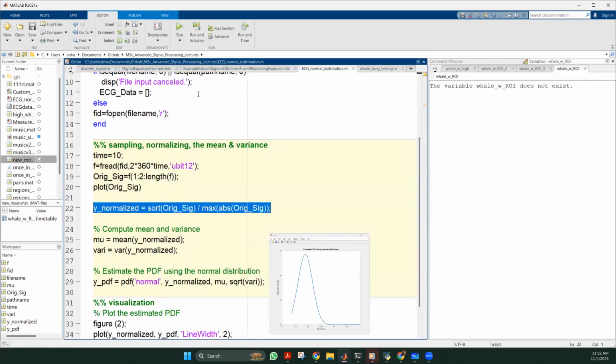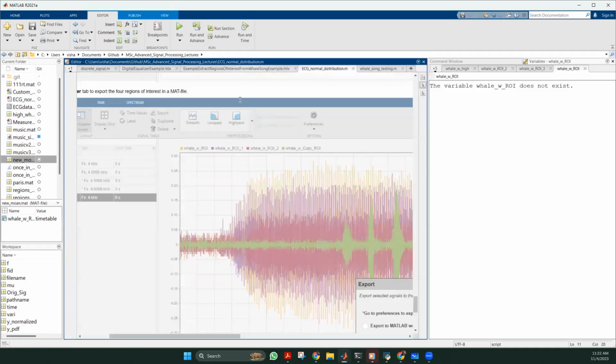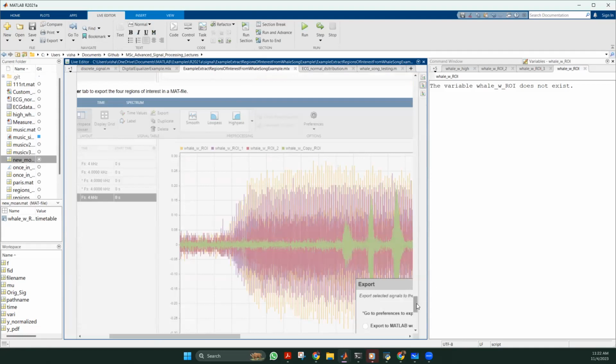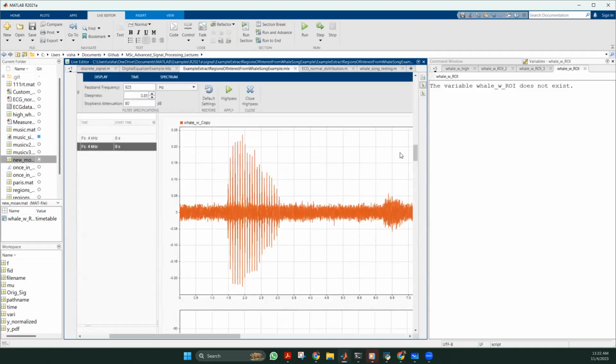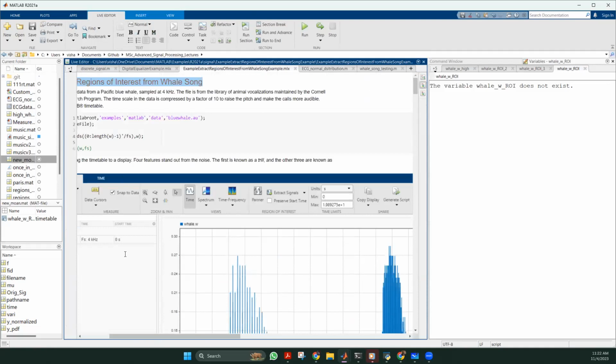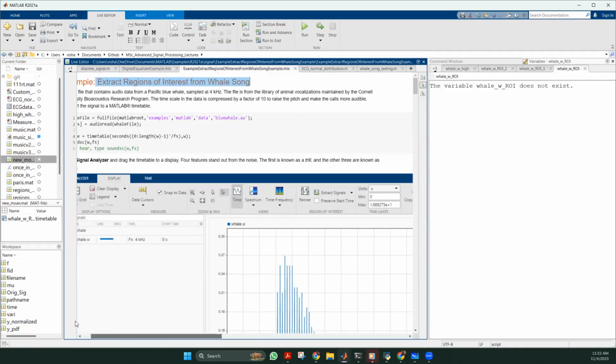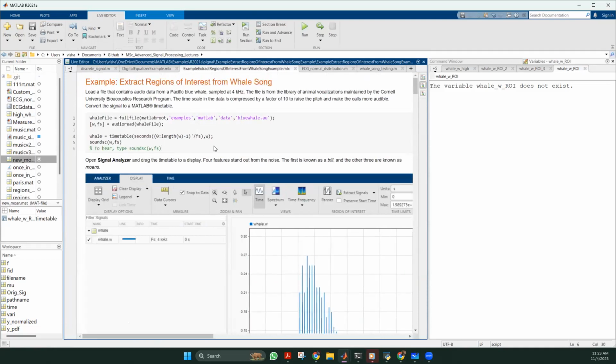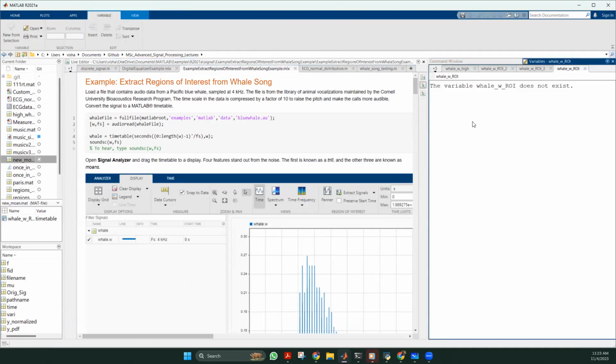Another thing is that I want to show you another example from the Matlab signal analyzer app. So I think today we will discuss this example. In the last class, we discussed how we can filter signals using the signal analyzer app, right?